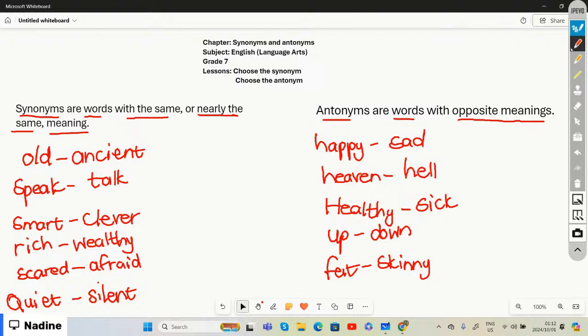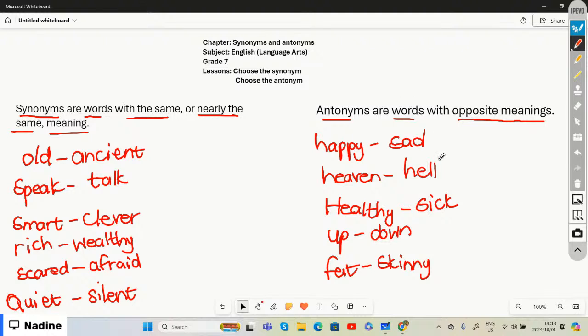And then we also have our antonyms. And antonyms are words with the opposite meaning. The opposite meaning. Right? So that is synonyms and antonyms.